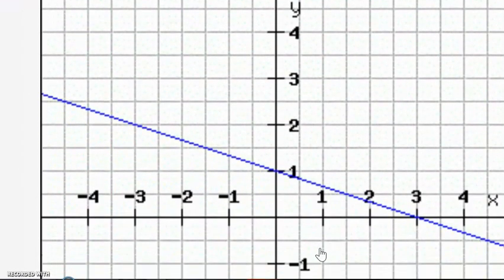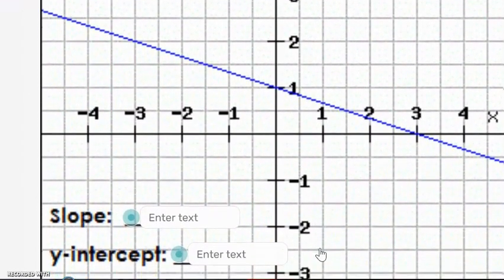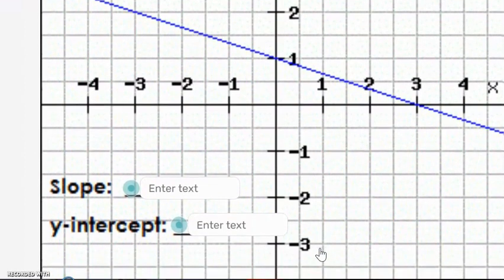I'm going to do the same thing here for number 2. What is the slope? What is the y-intercept? Well, I'm going to find a point here, and I'm going to count down 1 and over 1, 2, 3 till I get to another point clearly on the line here.